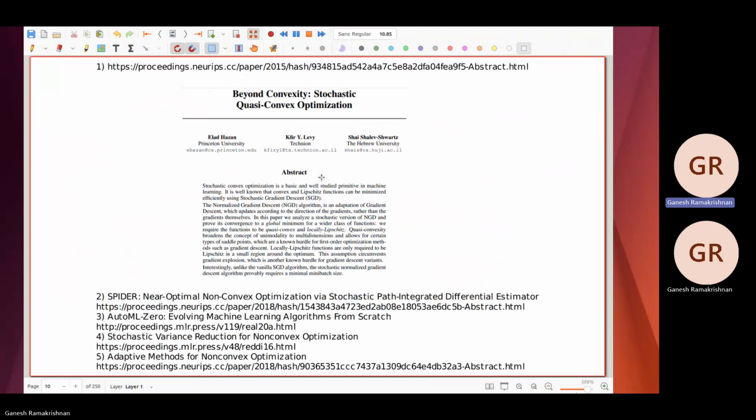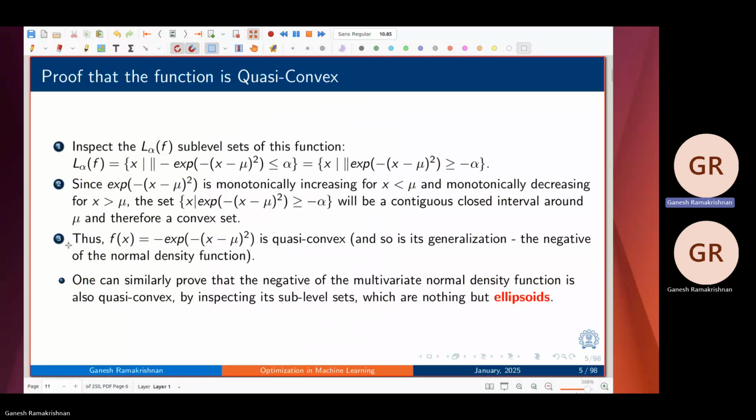Okay, so the SPIDER, near optimal non-convex optimization via stochastic path integrated differential estimator. Stochastic variance reduction for non-convex optimization. The moment you say variance, you're talking about second order moments. And so on. Adaptive methods, okay. But do have a look. There's a lot more that's coming up. And I think there's a big area to explore. So that's the reason I spent a little time on quasi-convexity. Its motivation.